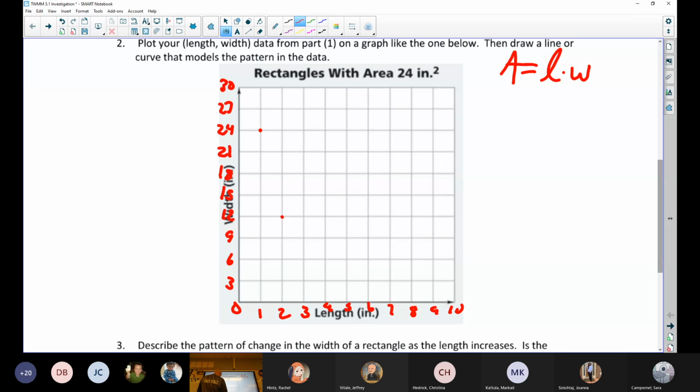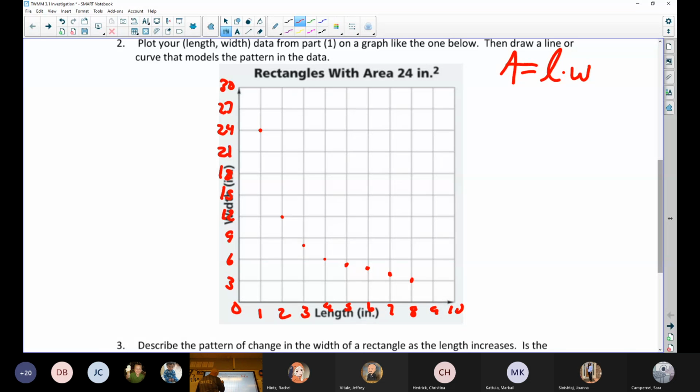At 3, we were at 8. At 4 is 6. At 5 is 4.8. This is going to be a tough one, so I'm going to do 4. So 4.8 has to be somewhere in the middle. It's hard to graph 4.8. At 7 it is 3, which means this one is like 3.4.